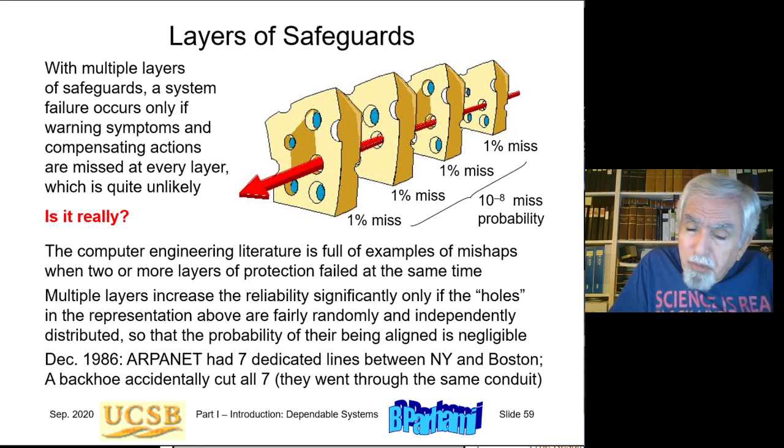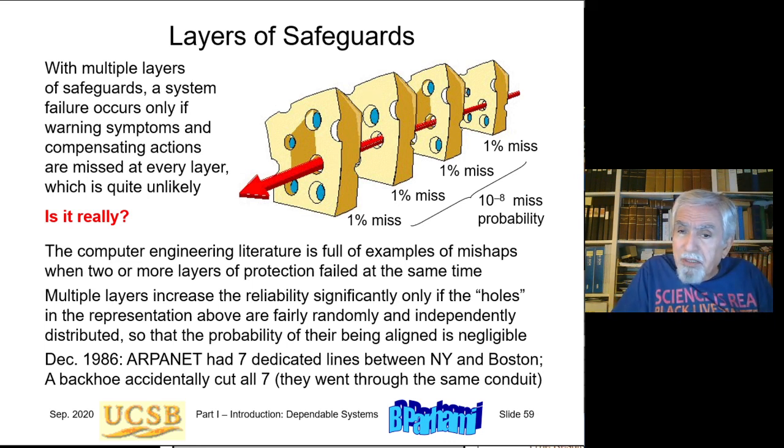You simply multiply the probabilities together. It will be 10 to the minus 8. So it's extremely unlikely, probability 10 to the minus 8, that the bullet will go through and will kill the person. But this assumption of independence is a big assumption. How can we be sure that that's a valid assumption?